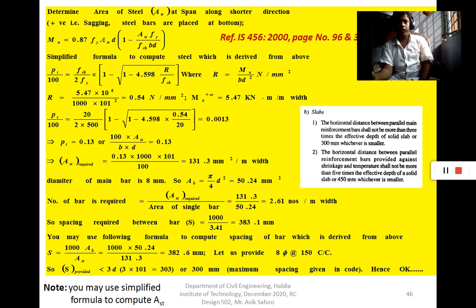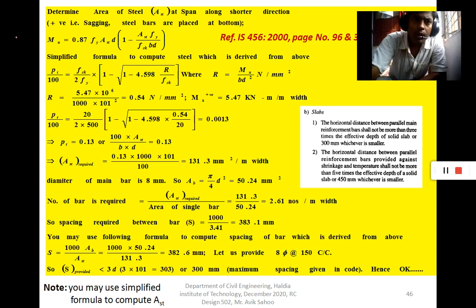Similarly for the span moment, again it is the maximum moment we have considered, which is developed along the shorter direction. So we determine the area of steel at span along the shorter direction. The sagging moment took place, so the steel bars are placed at the bottom, and in the longer direction the same reinforcement is applied, because the maximum moment took place along the shorter direction.